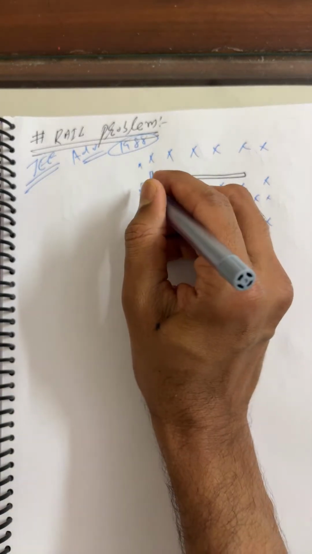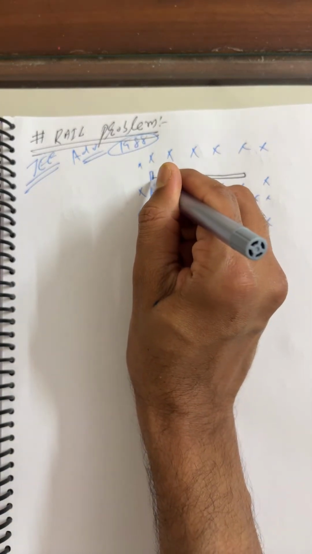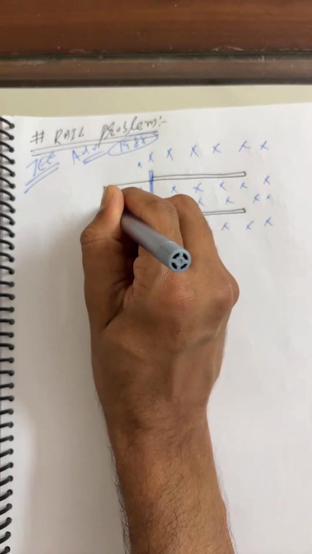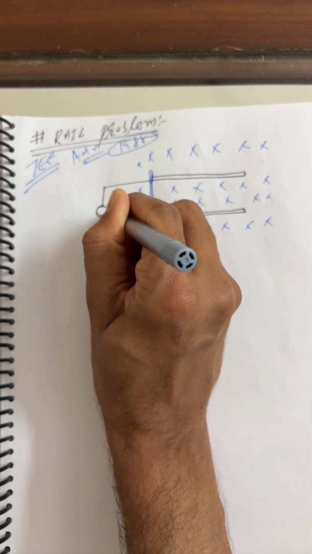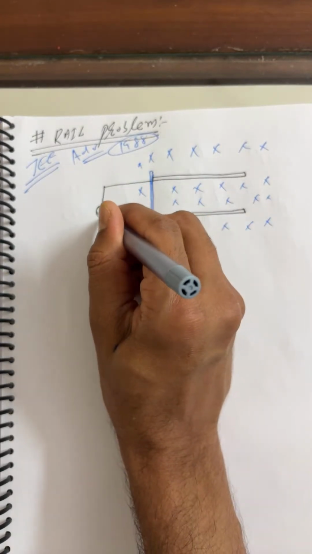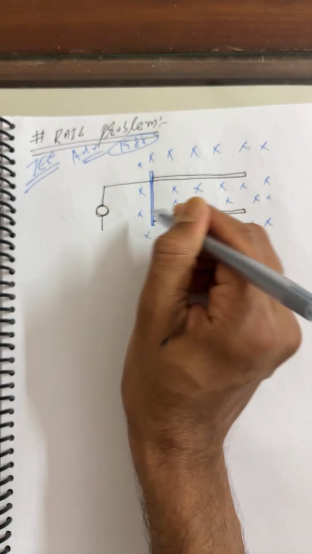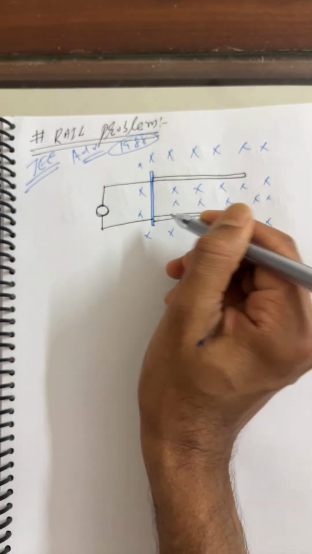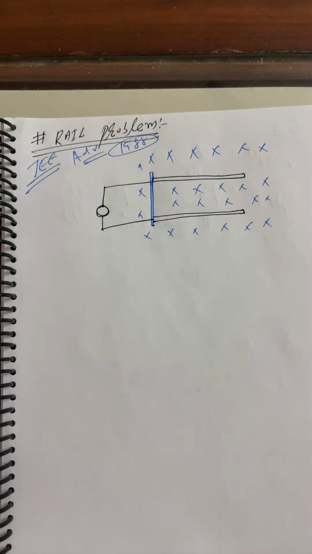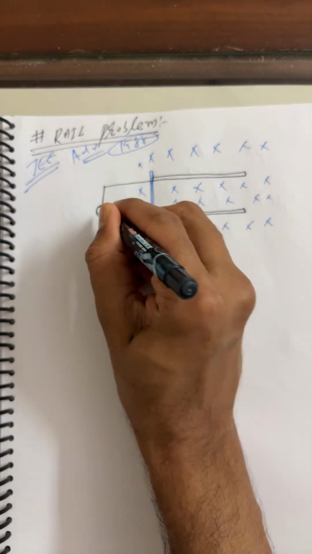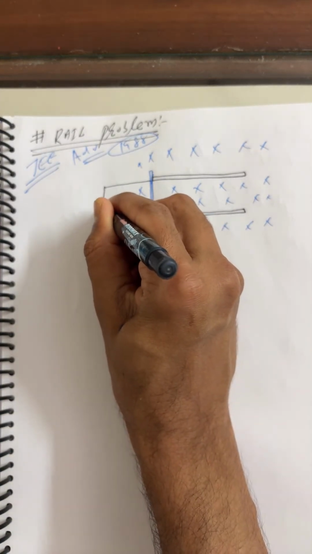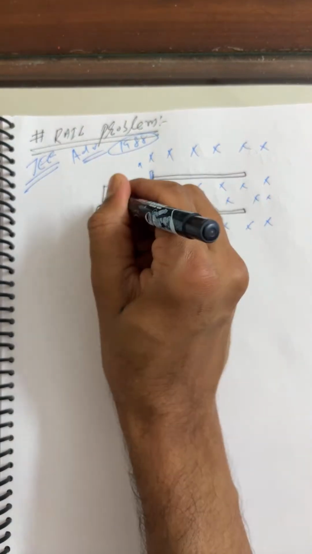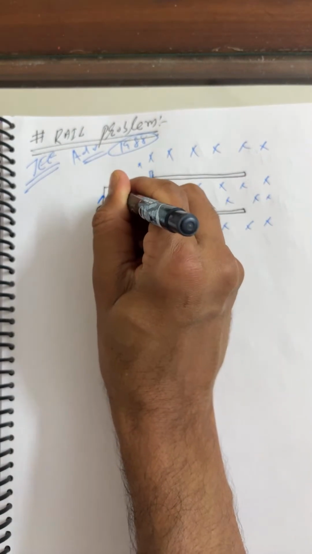Beta, this entire setup is connected to a current generator device, kind of an arrangement. This current generator device is creating a current over here.